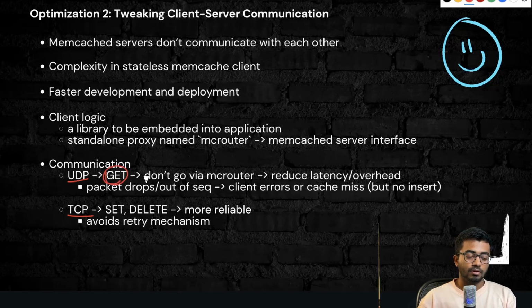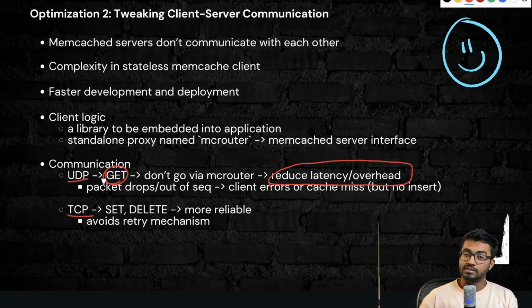Whenever we fired a GET request, it didn't have to go through the MC router proxy. It could directly bypass that and reach a particular server. That helped reduce latency and overhead, because it doesn't have to make a connection or store the connections and all the other things TCP does, and gives the response back to the client.